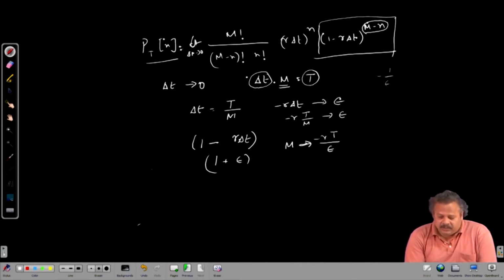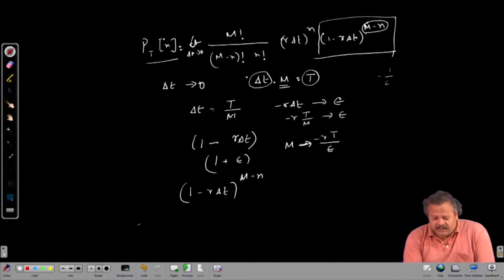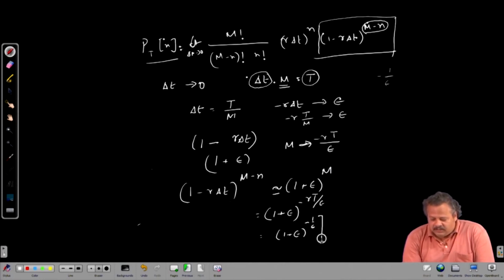So, the term 1 minus r delta t to the power m minus n can now be replaced, as above, by 1 plus epsilon to the power approximately m, where m can be replaced by minus rT by epsilon. That is equal to 1 plus epsilon to the power minus rT by epsilon, which is 1 plus epsilon to the power minus 1 by epsilon, this whole to the power rT.